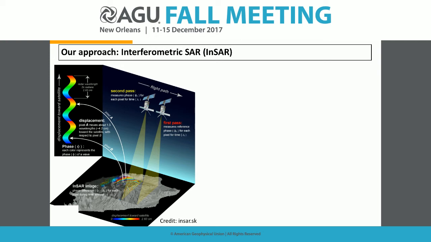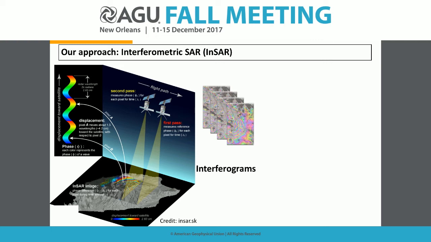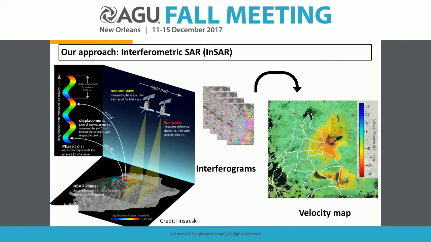InSAR works with the calculation of the difference of the phase of two SAR images, and then we can obtain these colorful maps that we call interferograms. If we use several interferograms and perform a time series inversion, we can obtain a velocity map.